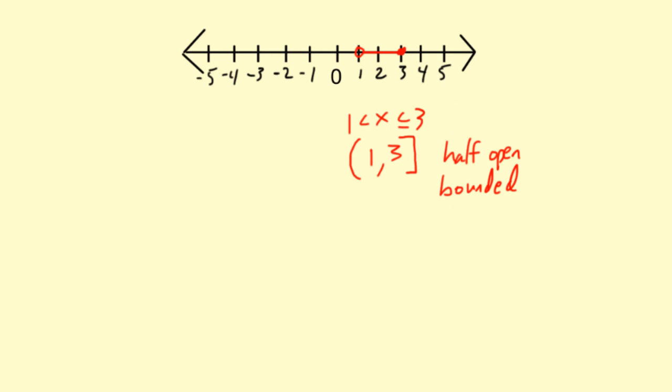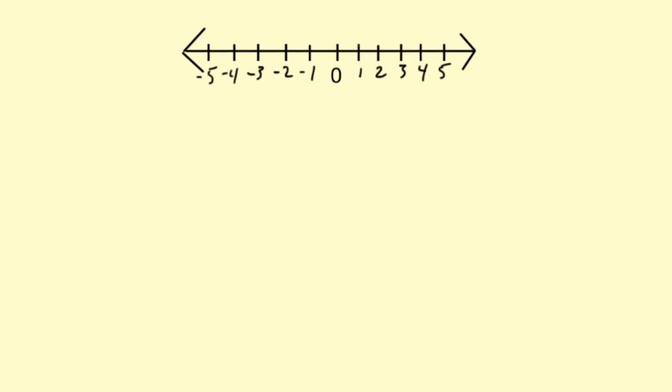Now let me show you an example of unbounded. Okay, so we'll start with 1, and you know what, let's include 1 this time. We'll put a closed circle. And then we're going to have it continue, let's have it go this way. So what we're saying here is our interval is including 1 and all the numbers less than 1.